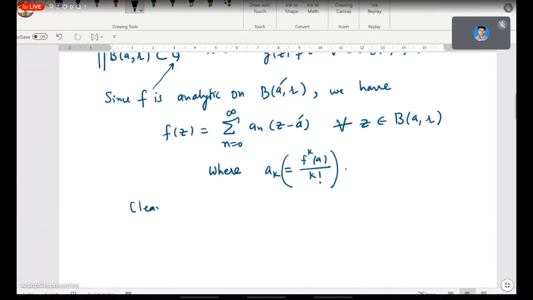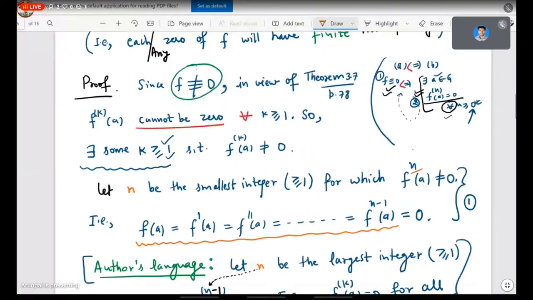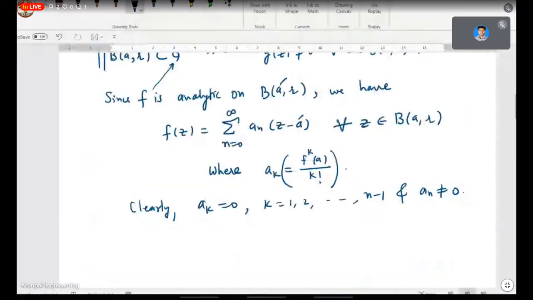So clearly, class, a_k is equal to 0 for k equal to 0, 1, 2, and up to n minus 1, and a_n is non-zero. So the coefficients starting from 0, 1, 2, and up to n minus 1 are 0, and the nth coefficient is non-zero.